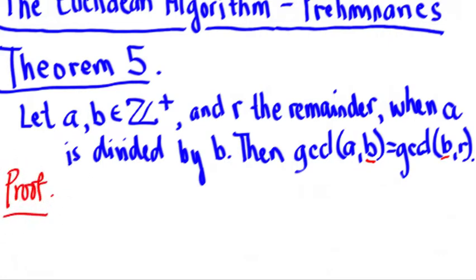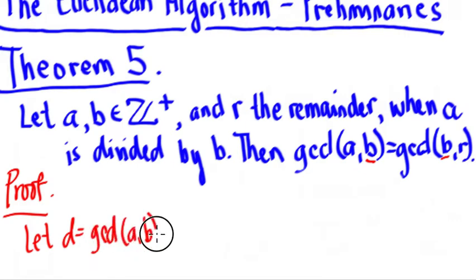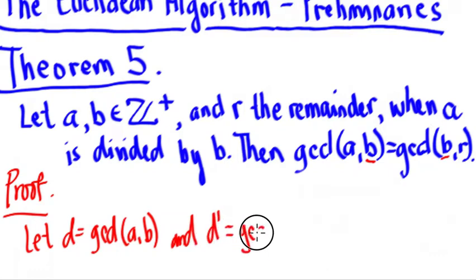So for the proof, we will let D be equal to the GCD of a and b, and D prime be the GCD of b and r.